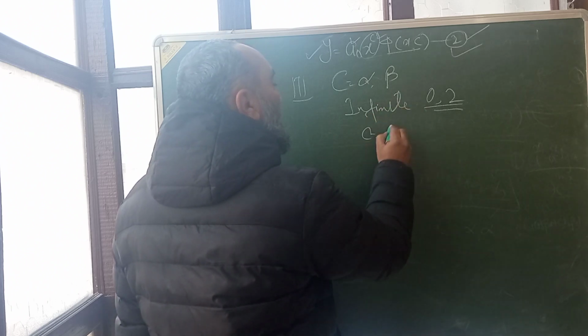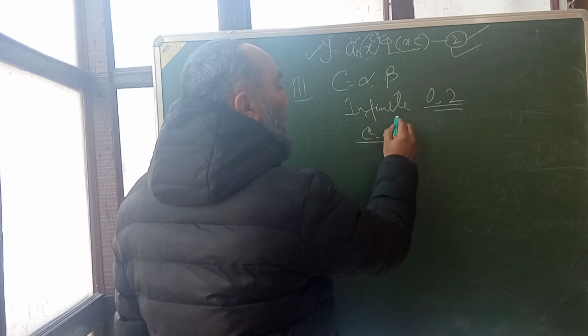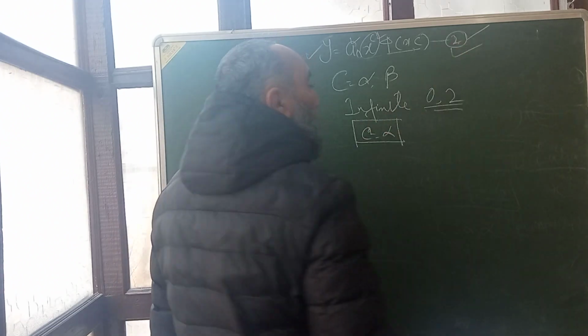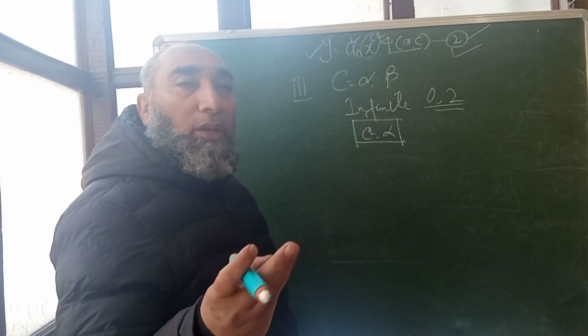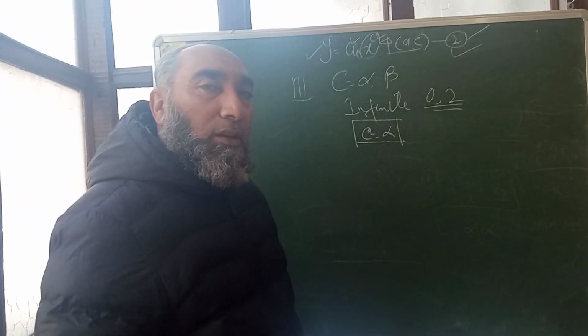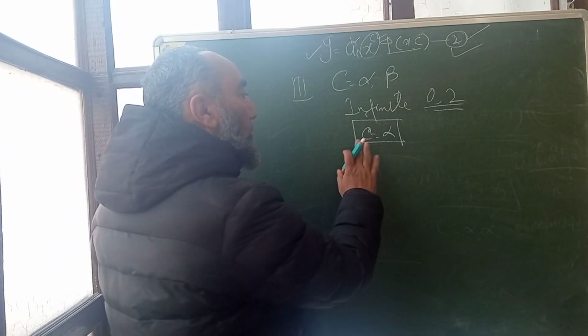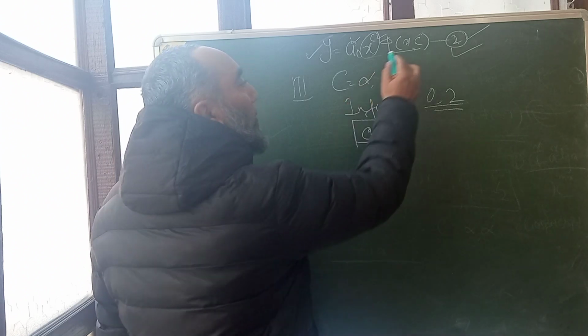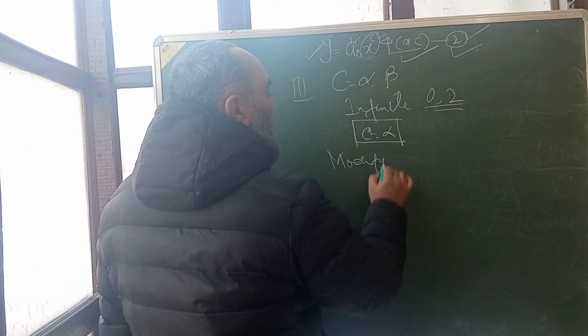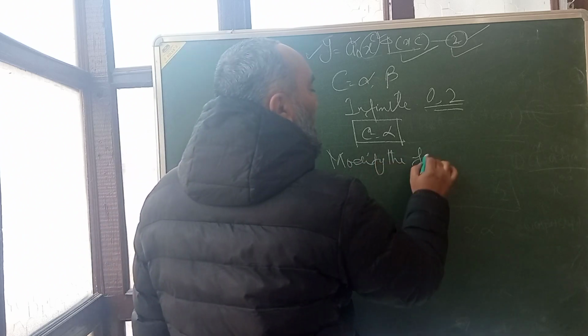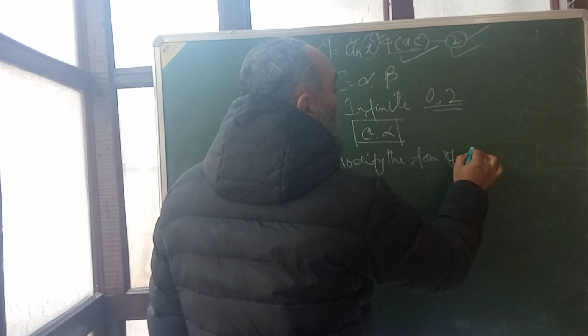Say c equals alpha. If I put c equals alpha in 2, I get some coefficients, say a1, a2, a3, and so on. Some of the coefficients we get infinite. Then what is to be done is that we modify the form of y.